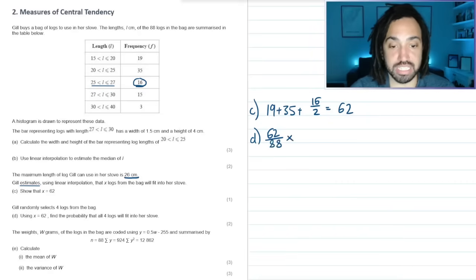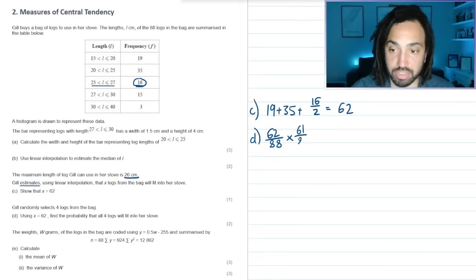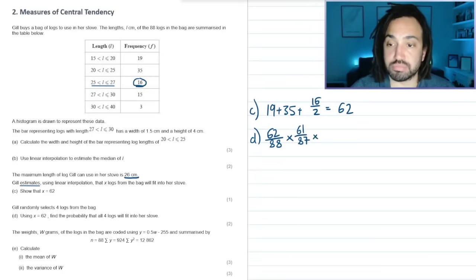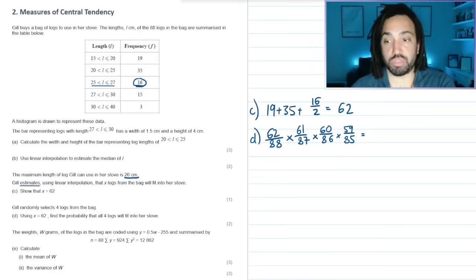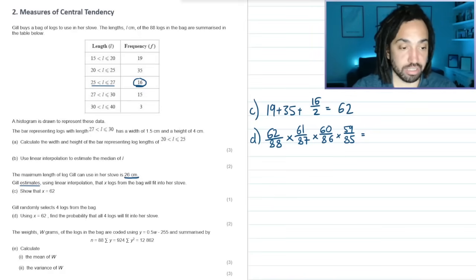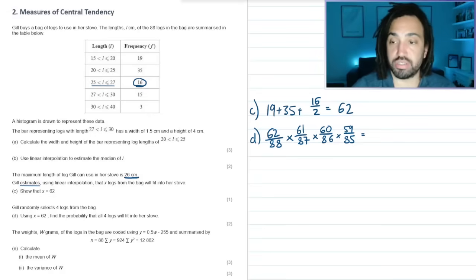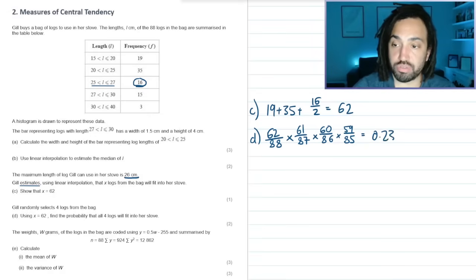But then when she takes that 1 out, there are now only 61 out of 87. And then again, there's now 60 out of 86. And then there are 59 out of 85. So that's the calculation we have to do to get successive logs which are all going to fit. And that calculation is 0.2392. Lovely.